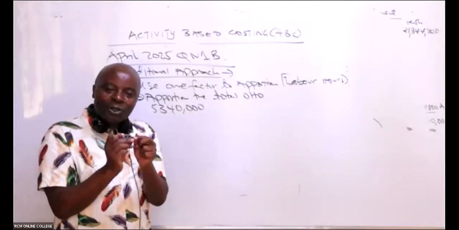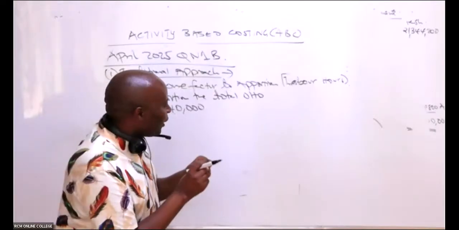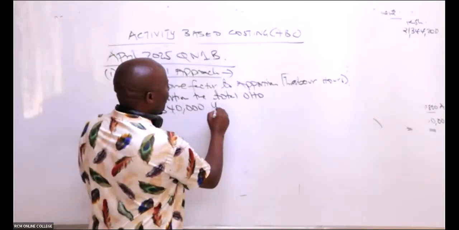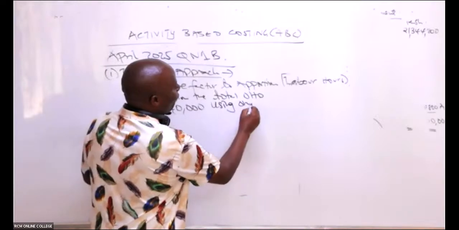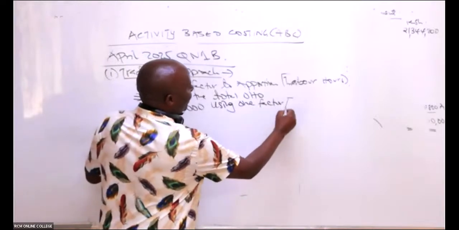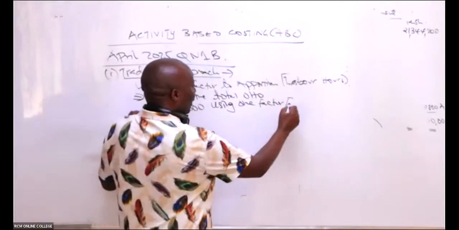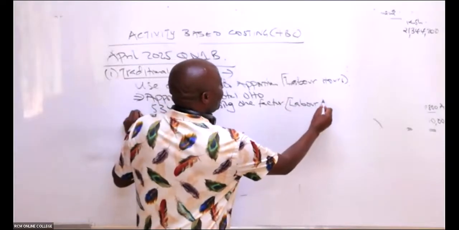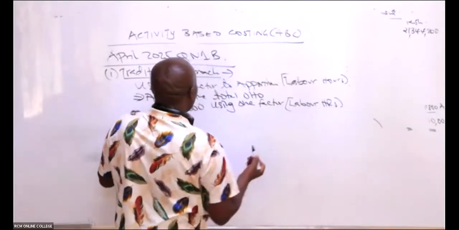They want us to apportion the total overhead using just one factor. I am repeating this for you to understand it better: using one factor, which is labor hours.